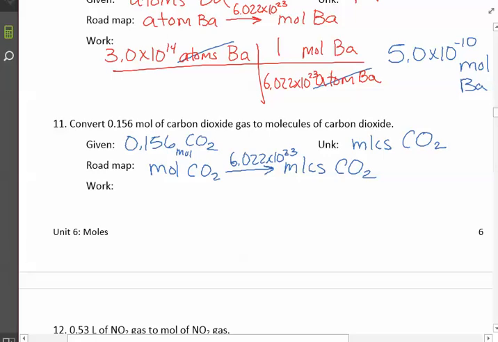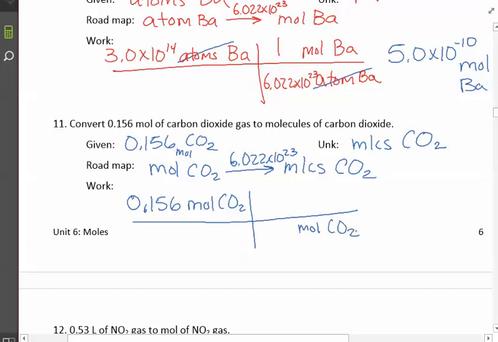Our work is going to be set up similarly. So we have 0.156 moles of carbon dioxide. Moles of carbon dioxide will go on the bottom because we want our units to cancel out. And molecules of CO2 will go on the top.